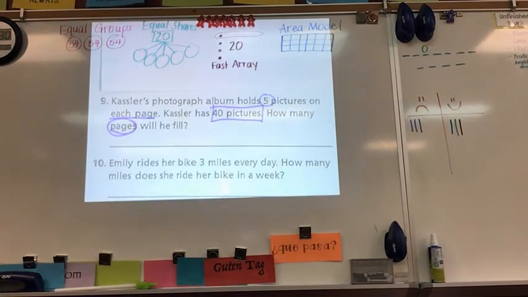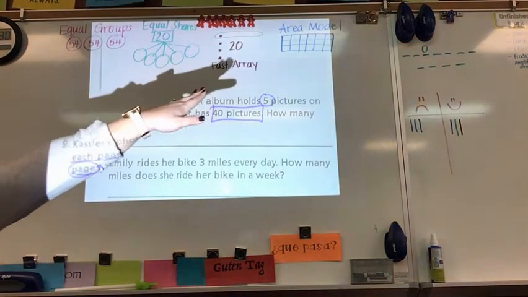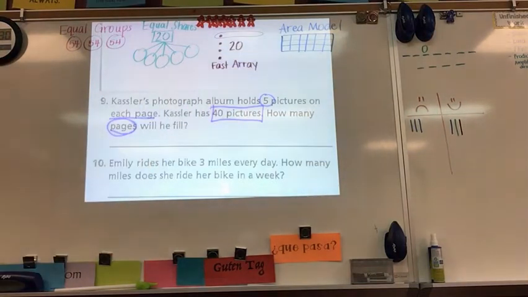Bingo. Now, if I know he has a total of 40 pictures, and there's 5 on each page, what problem type might I be doing? Equal groups, equal shares, array, or area model? I know my total, and I'm splitting them into groups of 5, because each page only holds 5.